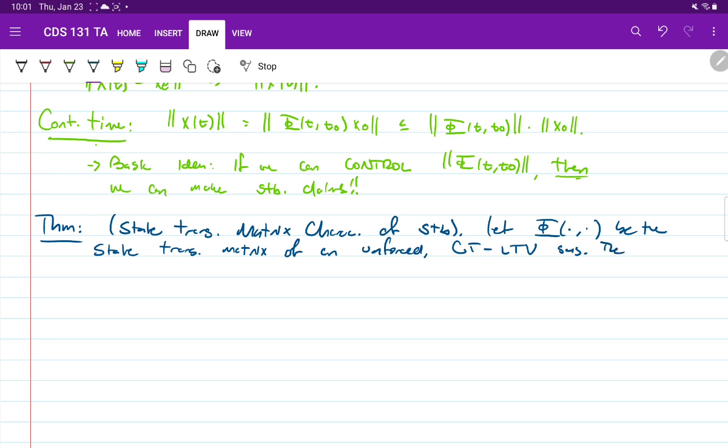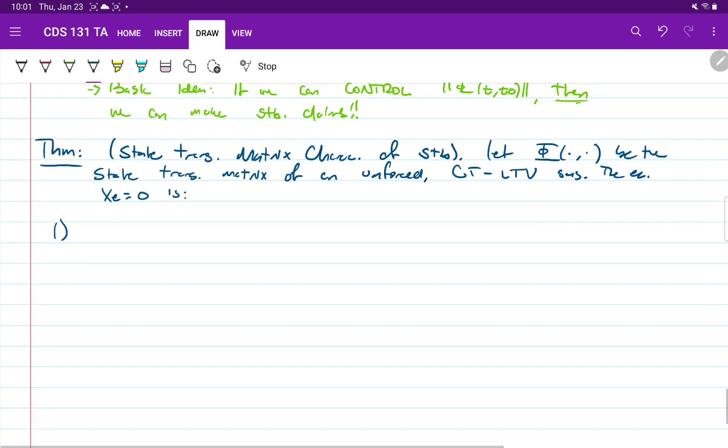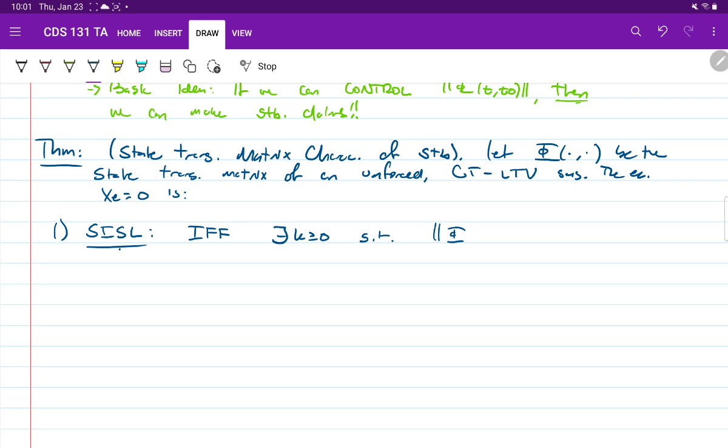Okay, so the equilibrium xe equals 0 is first stable in the sense of Lyapunov, or Lyapunov stable, if and only if, which I'll write as IFF, there exists a k greater than or equal to 0 such that the norm of phi of t comma 0 is less than or equal to k for all t greater than or equal to 0, okay?